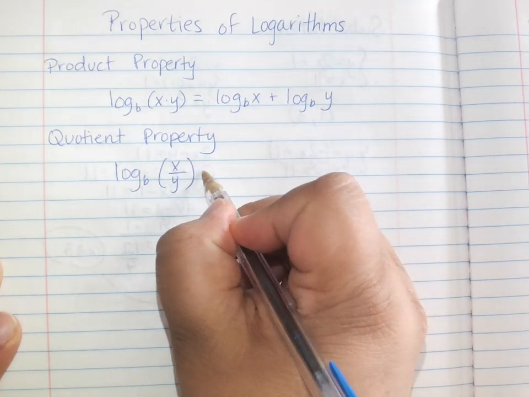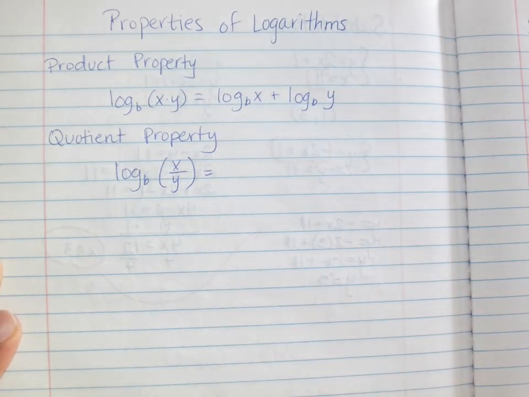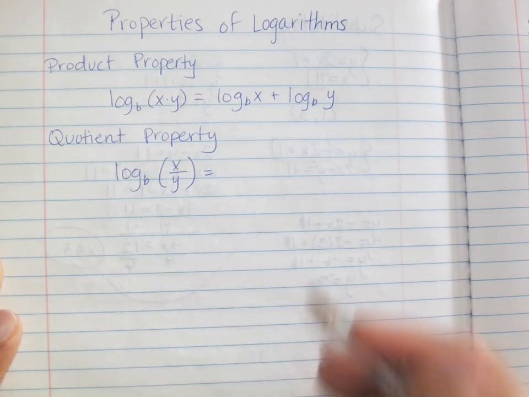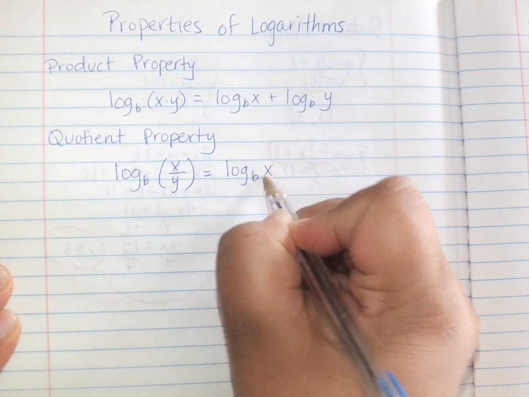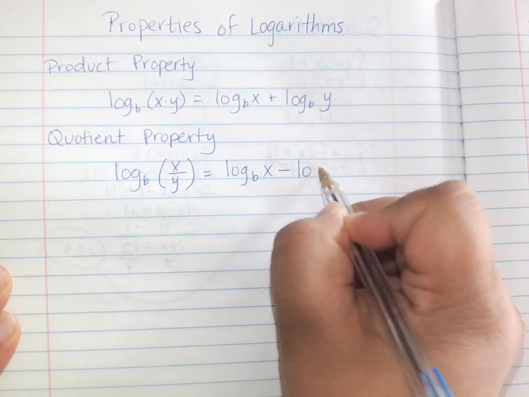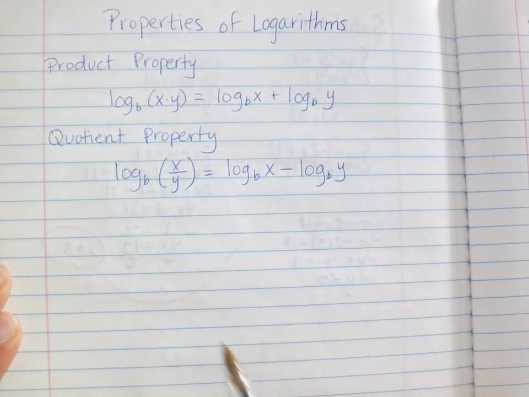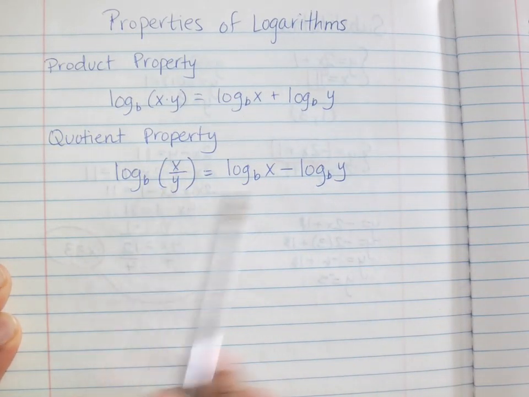And if you remember your exponent rules, whenever you have two, let's say, bases, the same base, above and below each other in a fraction, you always subtract their exponents. That's kind of what's happening here. And it's always the top first, then the bottom. So numerator, then denominator. And that one has subtraction.